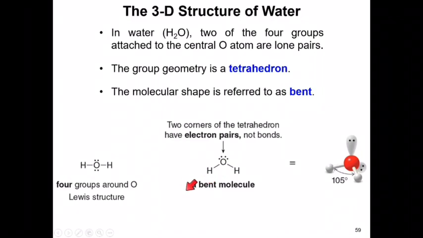So this is a bent molecule, a molecule with bent molecular shape or molecular geometry, with a bond angle also less than 109.5. In fact, the bond angle is even less for water compared to ammonia. Water, it's 105, whereas for ammonia, it's 107. And the reason being is because of the presence of two lone pairs, compared to ammonia's only single lone pair.